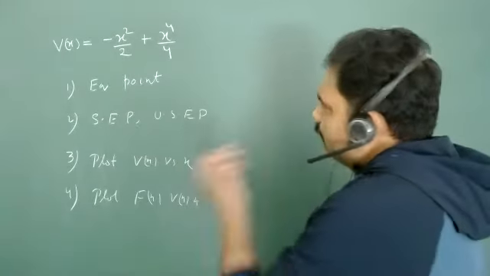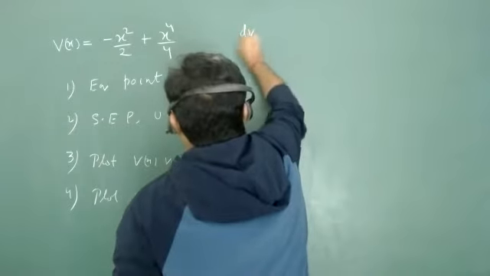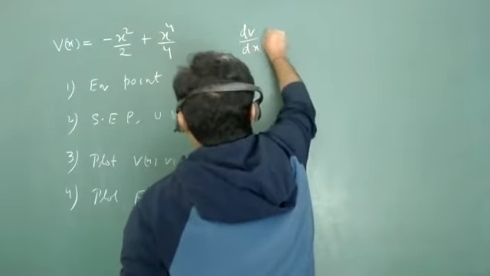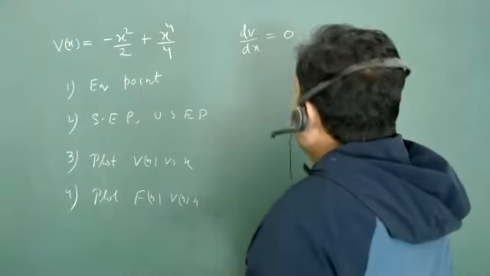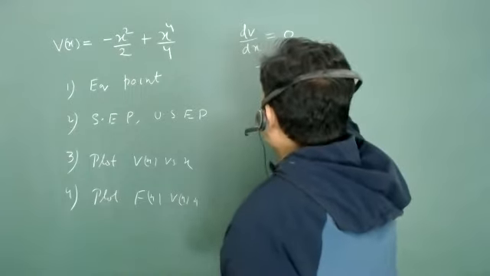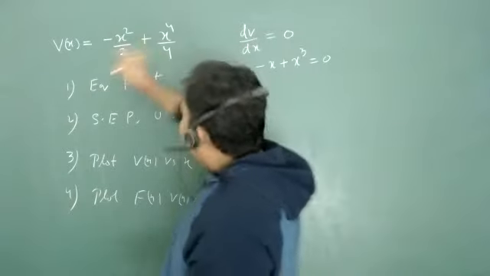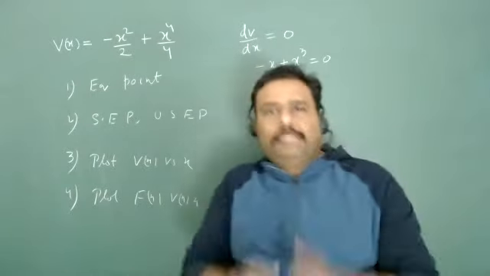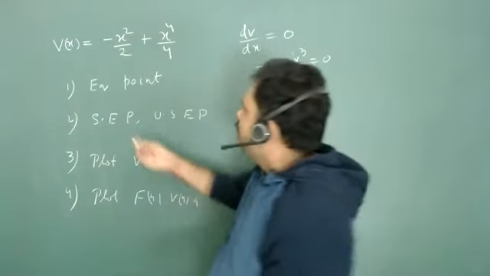So obviously, what about the equilibrium points? For equilibrium, we have dV upon dx, that should be 0. And obviously, this value is minus x plus x cube, and that is 0. We know this is an even function, so it will be symmetric about the y-axis. How do you know that this is an even function?